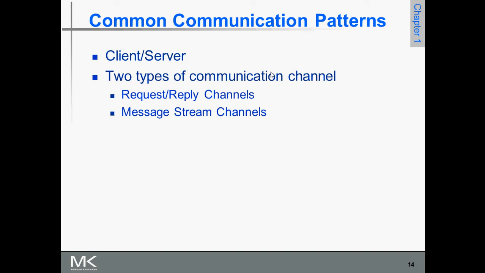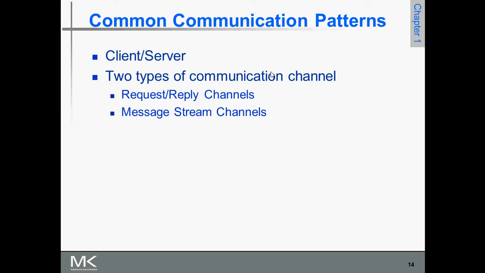So the first step in supporting common services is identifying the common communication pattern. What is the communication pattern? Normally, the web page accessing communication pattern is the client server model. The client is your web browser, which requests a web page from a web server. So that is called the client server communication pattern.